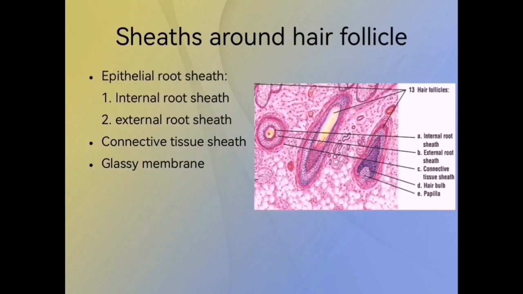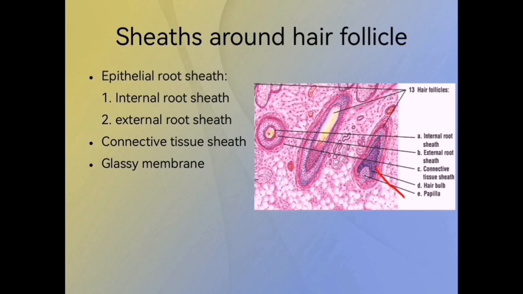They are all associated with the hair follicles. Now, let's look at the sheaths around the hair follicle. We have two main sheaths: the epithelial root sheath and the connective tissue sheath. We have the internal root sheath, which is continuous with the outermost cells of the hair bulb. So this is the hair bulb here.